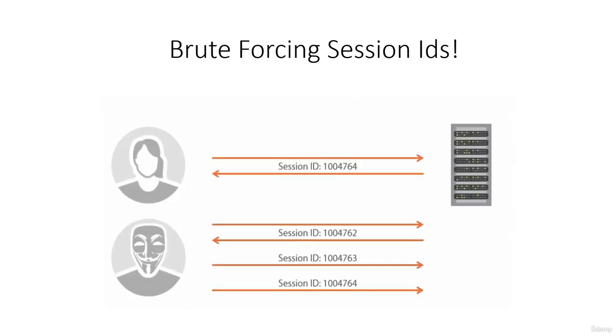So here's what happened. It's a very simple case of a victim and an app talking back and forth with a particular session ID, and then an attacker comes along and is effectively just asking the server, does the session ID ending with 762 exist?